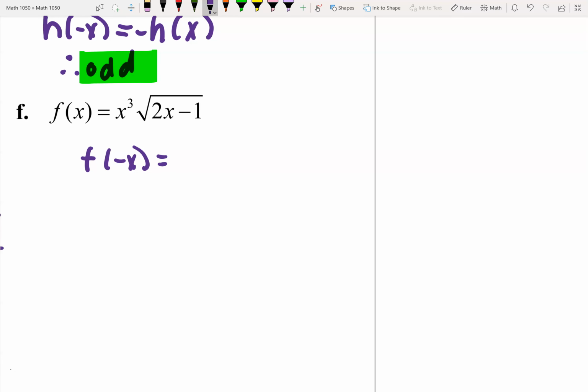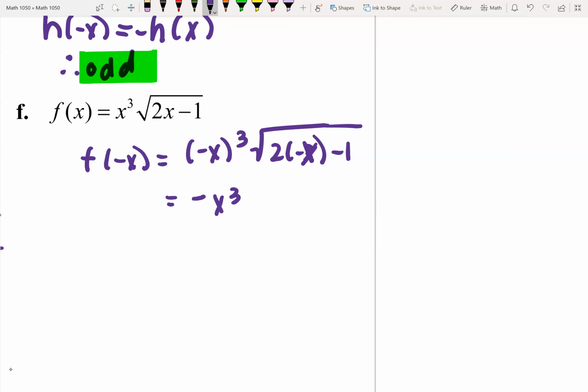The biggest mistake that people make on this step is parentheses. So everybody go parenthesis, negative x to the third, square root, 2 times negative x minus 1. Is that done and acceptable? Tell me that. No. So a negative to an odd is a negative, and you've got an x to the third.